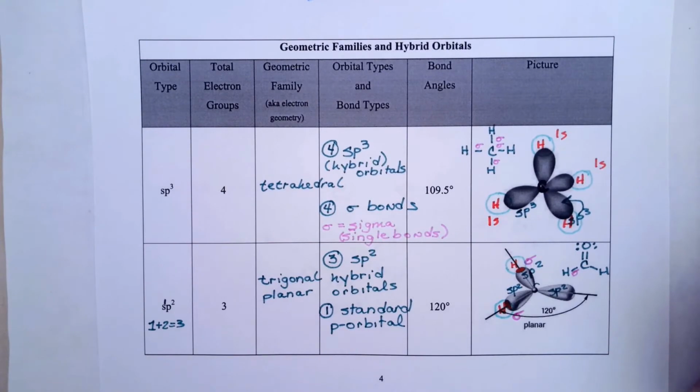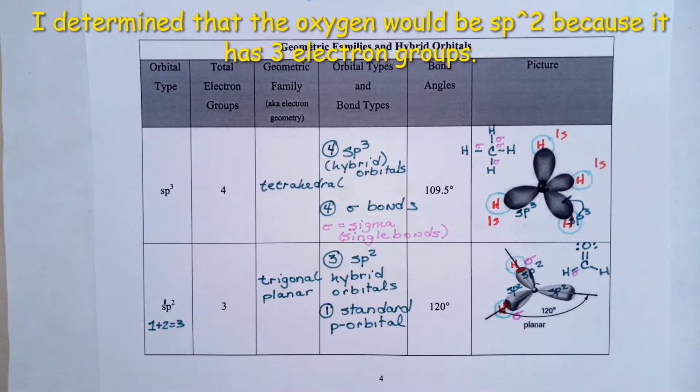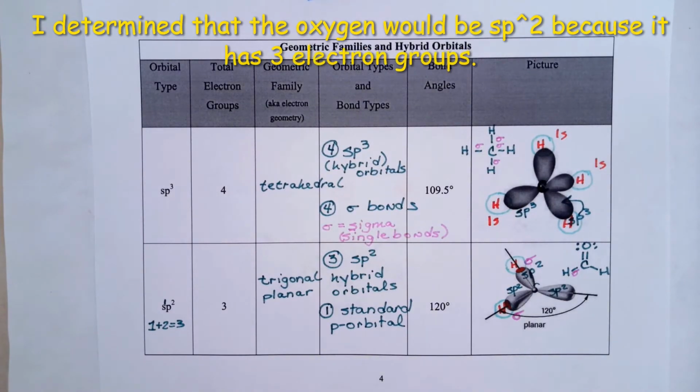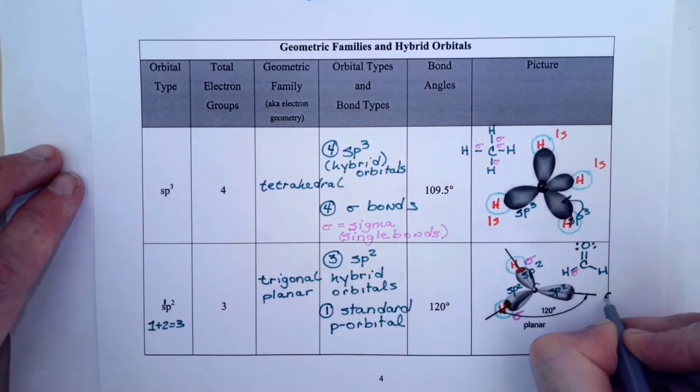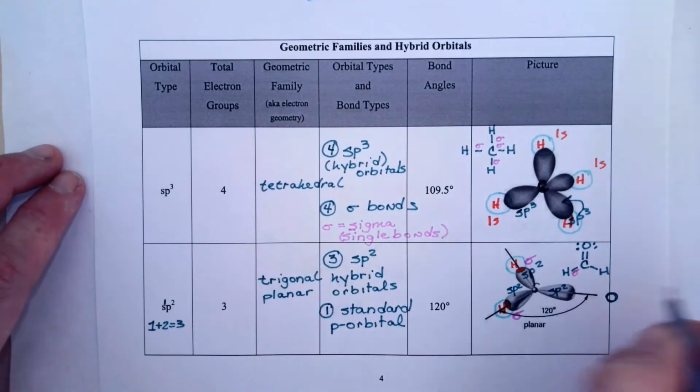We have oxygen. I'm going to put oxygen in an sp squared orbital as well. And we'll get into that a little bit more in future lectures. But because we have limited space here, the part of the oxygen that I want to talk about.